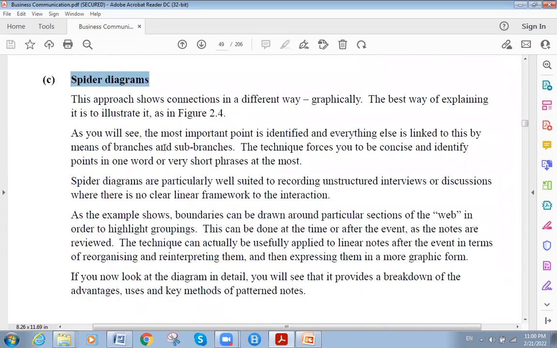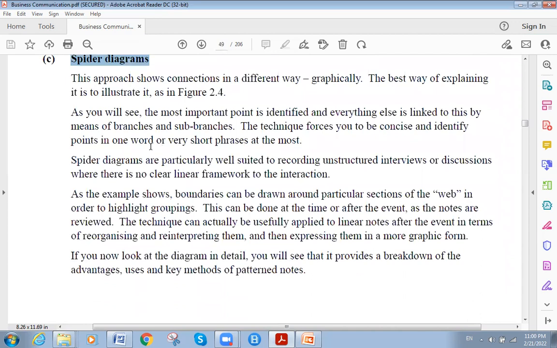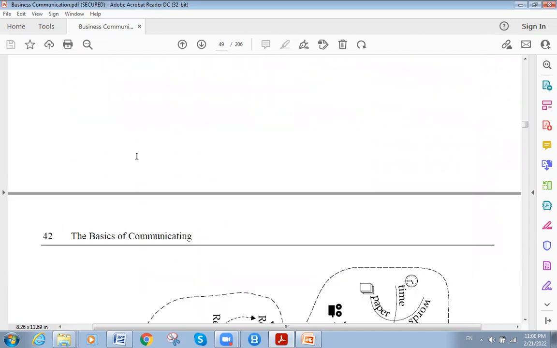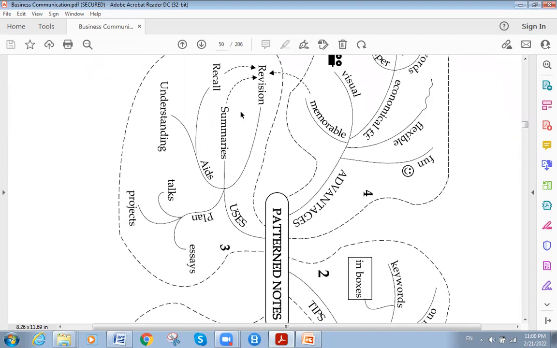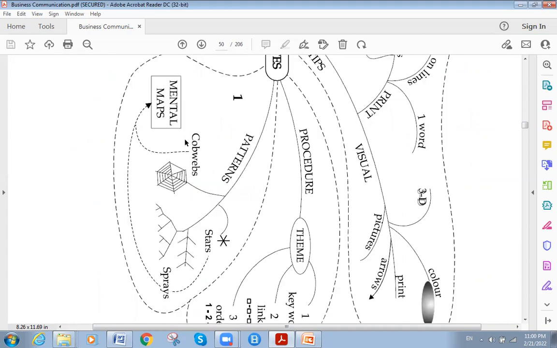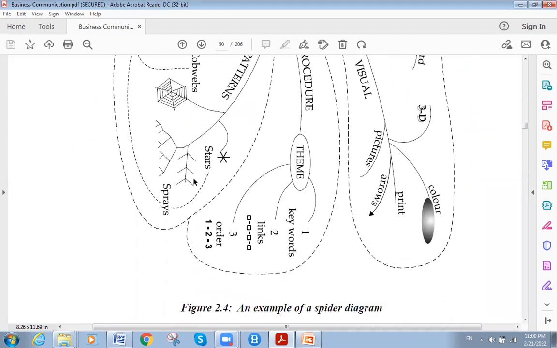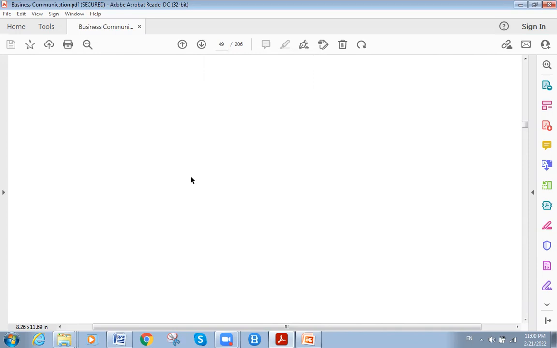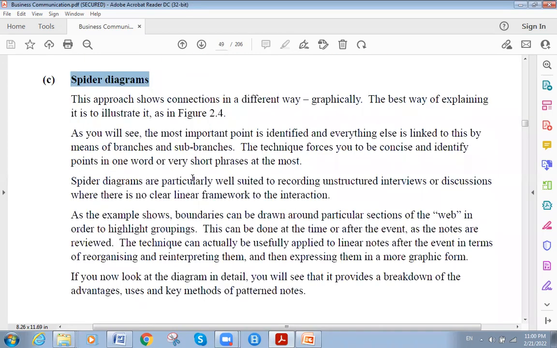Spider diagram also. This looks like this. It shows steps if something is complicated, or goes from a start to an end, and you just want to grow it. So that looks like a graph. It's a graphic way to express. The main point is defined and everything else is linked to it by means of branches and sub-branches.